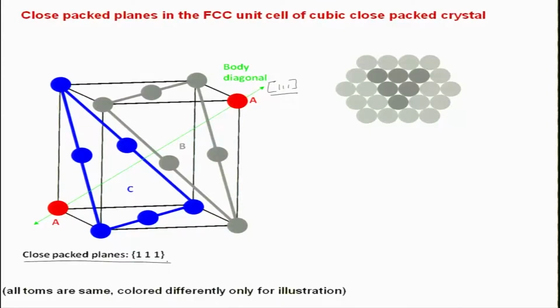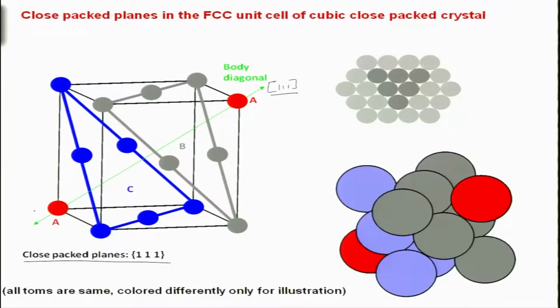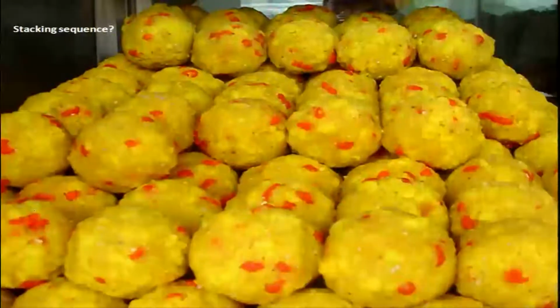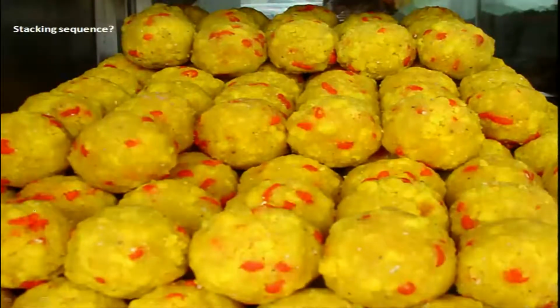In this case I have drawn the atoms in different color, but they are of same color. Okay. Different color is drawn only for illustration, so that you can see two different planes. So this is A layer, this is B layer, this is C layer, then again A layer. All right. So this is what you form as a FCC structure. So this is the stacking sequence, you can say a set of oranges or a set of laddus sort of.